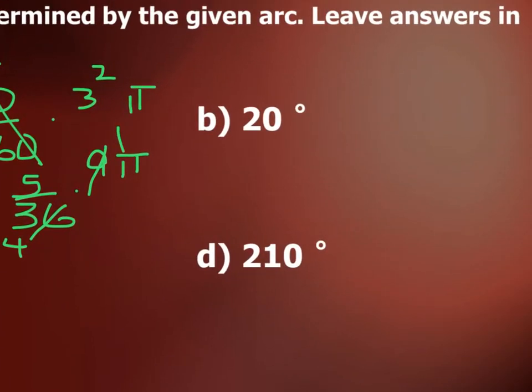Okay, part B. So here we're going to do 20 over 360. And it's 3 squared pi, so I'm just going to make it 9 pi. I could cut my zeros off, and then make this a 1, make this a 4, and then I can still simplify it even more, and I can make this a 2 and a 1.